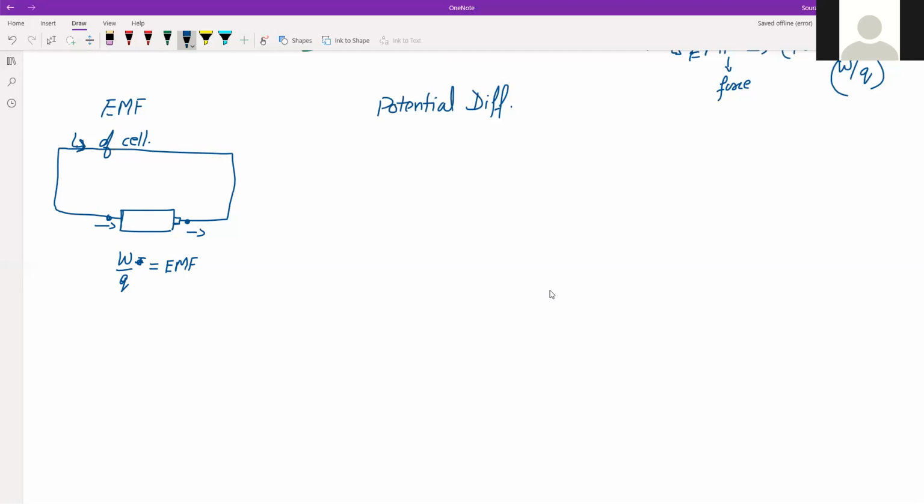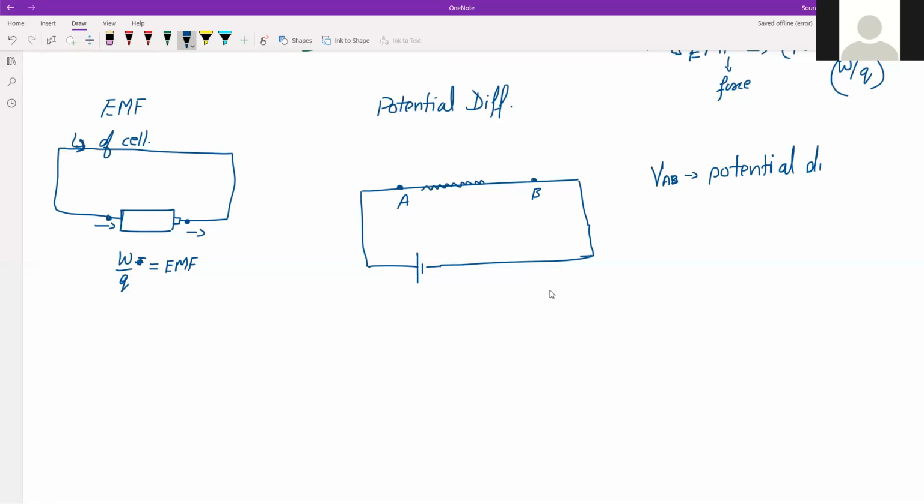While potential difference is what? A part of a circuit in which you just take 2 points. It is a huge circuit; we don't know where it starts or ends. Suppose this is a simple section of that. Then there is a point here A, a point here B, and V_AB is called the potential difference between these 2 points.